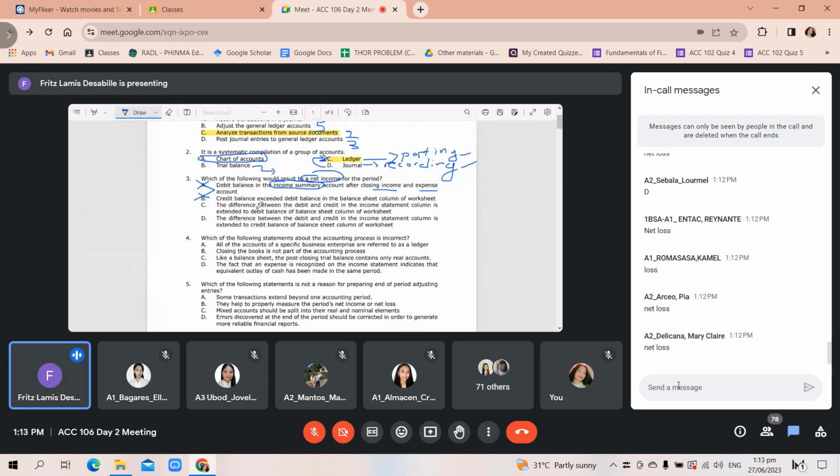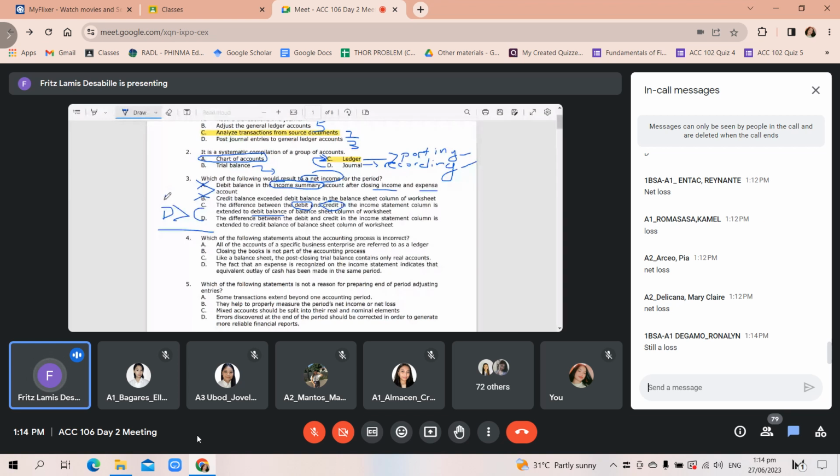Letter C, the difference between the debit and the credit in the income statement column is extended to the debit balance sheet column of the worksheet. Na similar lang gyapon ni sa letter B, no? Ang pasabot ani sa income statement, ang difference between the debit, which is the expenses, and the income, is to the debit balance. Meaning, atong debit is higher than our credit. So therefore, that is net loss.